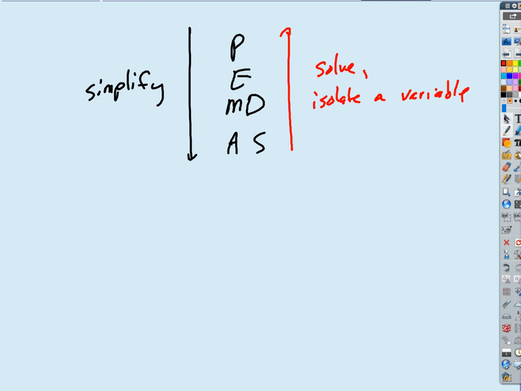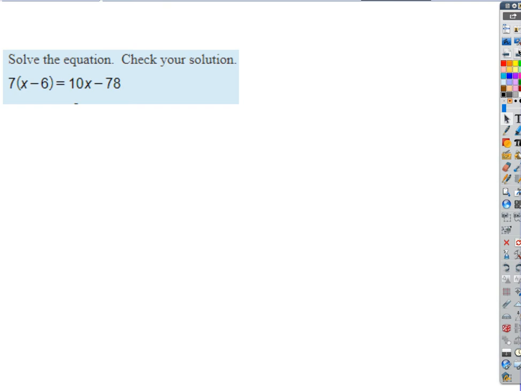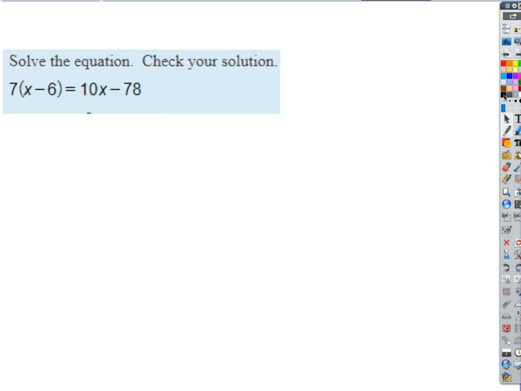Let's take a simple example, something like this. What's the first thing you would do if you're going to solve this equation? You distribute the 7 first of all, wouldn't you? Without even thinking about it. Well, here's why you're doing that.